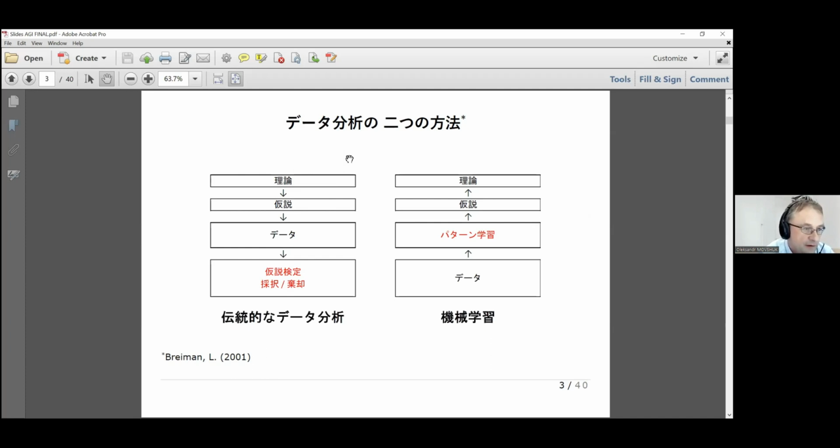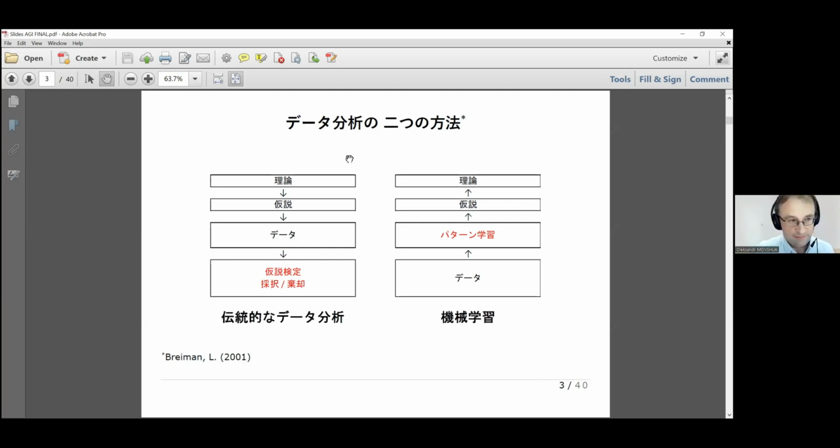If the parameter is statistically significant, we are happy, and there is evidence for the initial theory. If the result is not statistically significant, then probably something should be done. We may revise our estimated model. So this is the typical way we do data analysis.